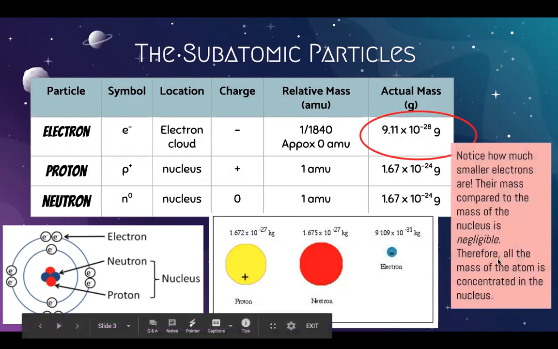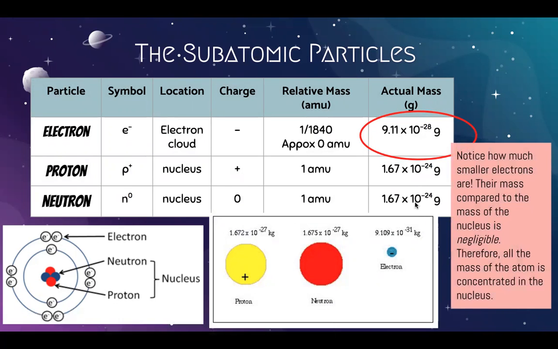So basically, the mass of the electron is negligible when compared to protons and neutrons. So protons and neutrons are given a relative mass of 1 atomic mass unit, 1 AMU, and electrons basically have such a small mass that we give it an approximate atomic mass of 0.